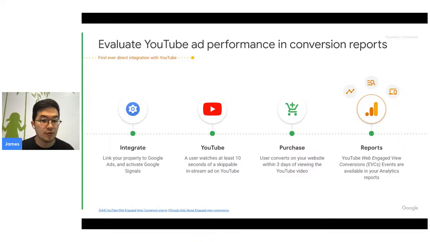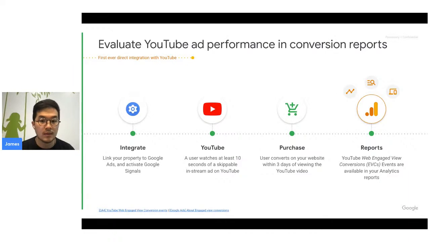And also for YouTube ads measurement, it is actually quite a challenge when it comes to impression-based evaluation, because in YouTube not all the users will click the ads before they engage with your business. So that's why in GA4 we also integrate engaged-view conversions, based on the settings from your GA4.